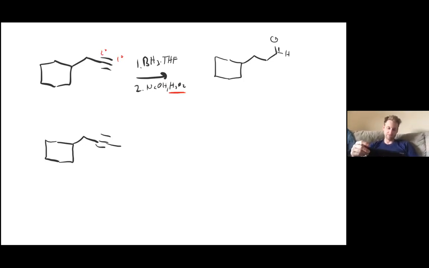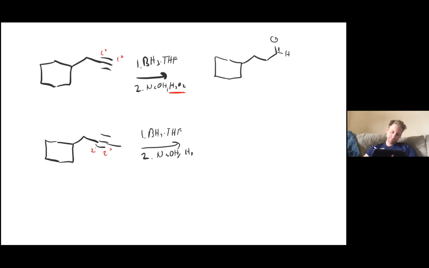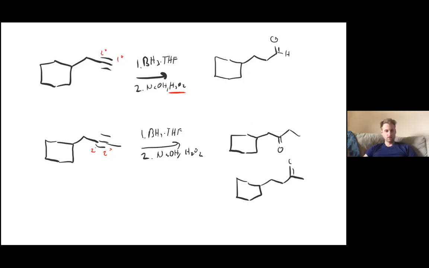We're doing an anti-Markovnikov addition. If we have secondary on both sides, it's not going to be selective. It's going to do the same thing as it did with H2SO4, water, and mercury, and we're going to end up getting two products from this reaction.